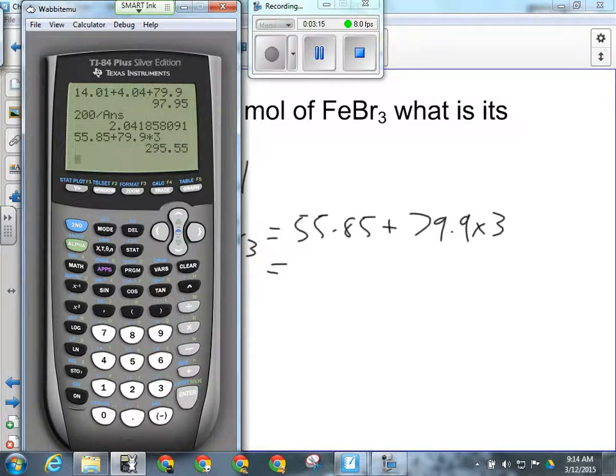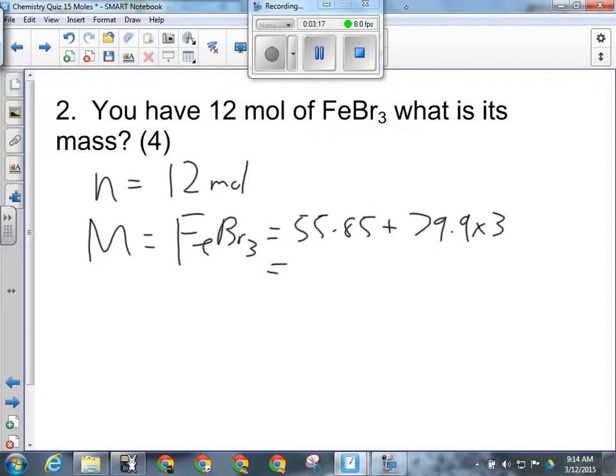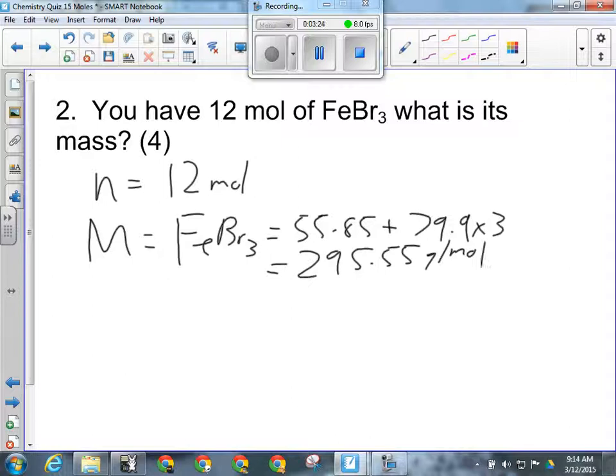So we're looking at 295.55, and that's grams per mole. If they've got those, that's their givens. Give them a mark.